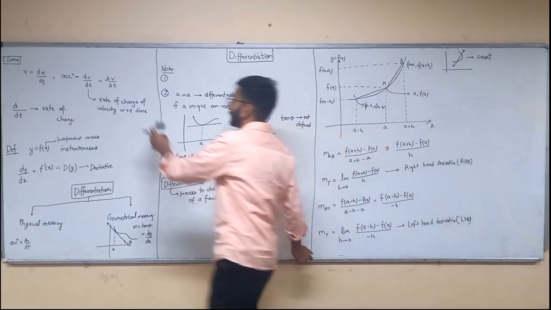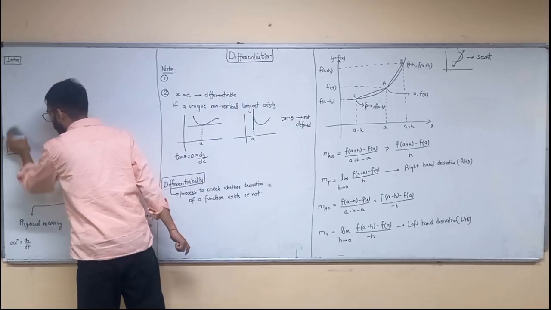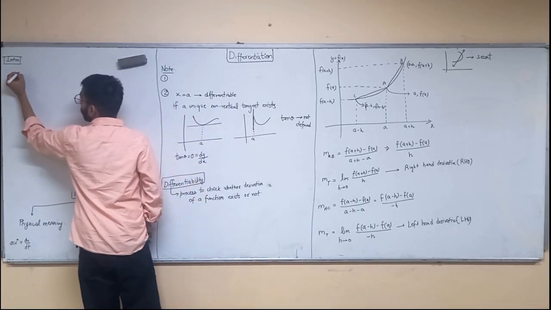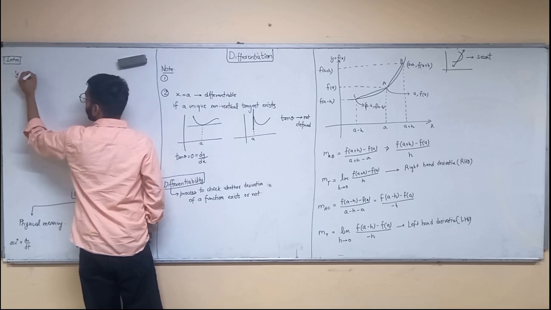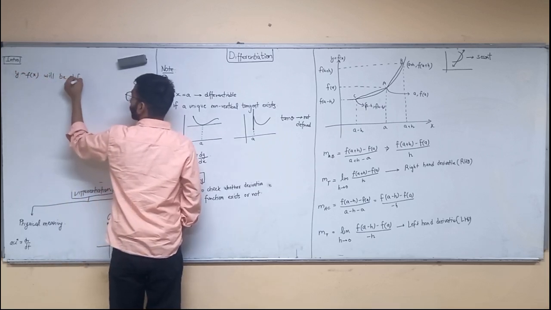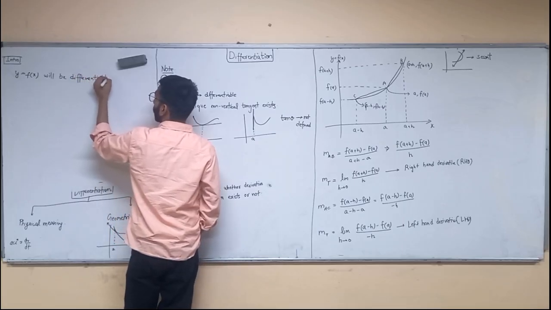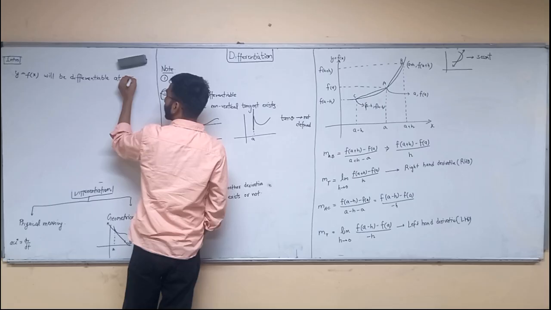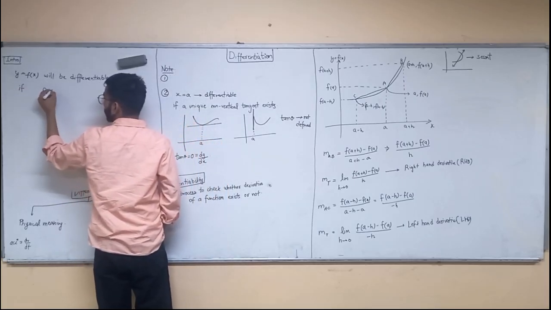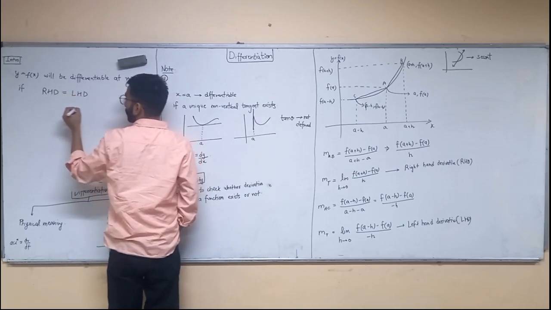So when these two derivatives become equal, only then my function y is equal to f of x will be differentiable at x is equal to a, if RH, that is, right hand derivative, will equal left hand derivative.